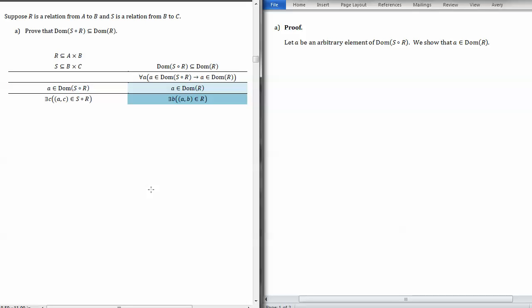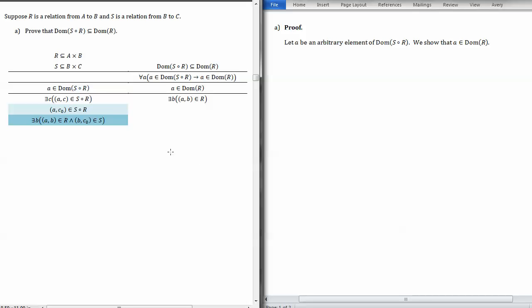And same thing over here, but R is a relation from A to B, and so I'm going to use the letter B to denote the second coordinate this time. And then we can do existential instantiation to get a C naught, for which that statement is true.